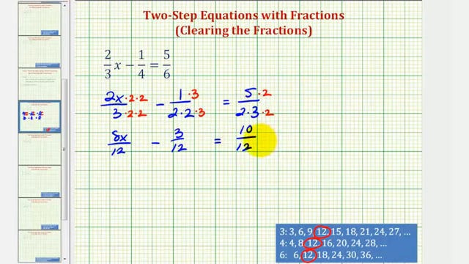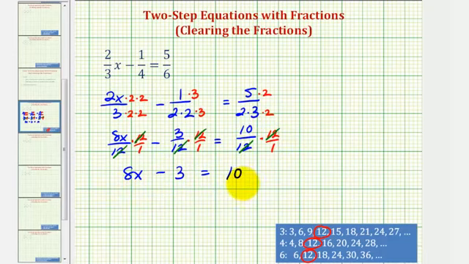And this will clear the fractions from the equation. So we're going to multiply this by 12 over 1, multiply this by 12 over 1, and multiply this by 12 over 1. Notice in this case, in each product we have 12 over 12 that simplifies to 1. So the resulting equation would be 8x minus 3 equals 10.